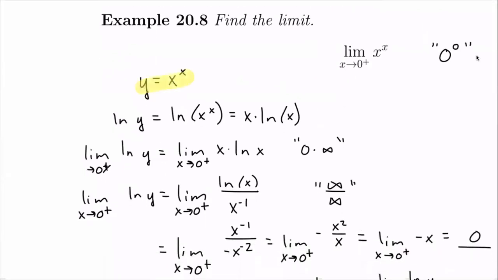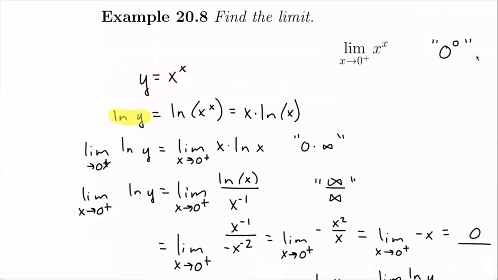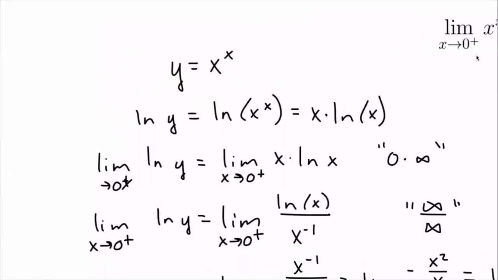Natural log of both sides of this equation gives us natural log y on the left, and the natural log of x to the x allows us now to use the exponent law for logarithms and bring this x in the power down as a multiple of natural log. So now I have x times natural log x.